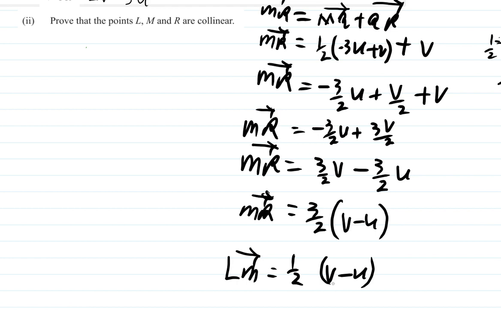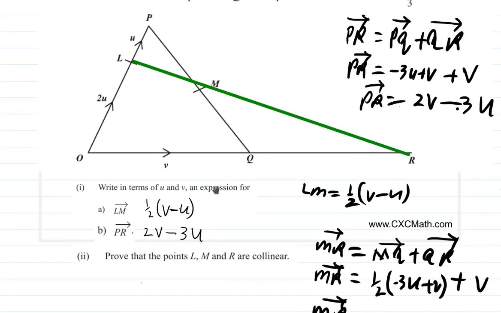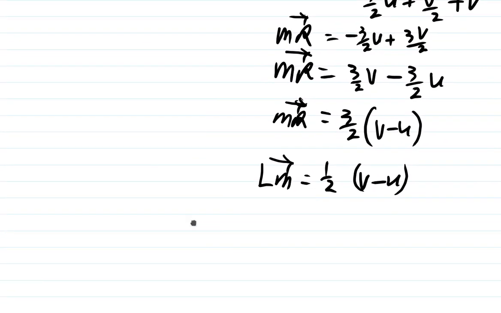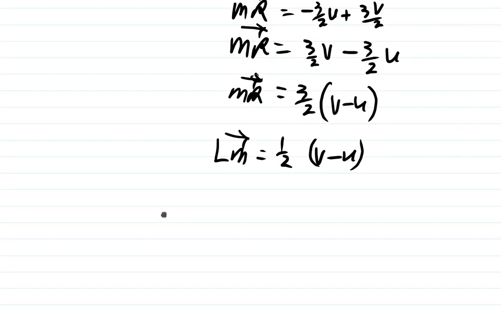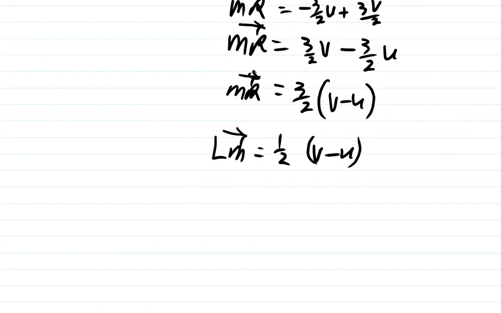Now, what you can also do here is show that it is possible to divide LM by MR or MR by LM and get a number only. Right? You get that number only because the directions would cancel out.